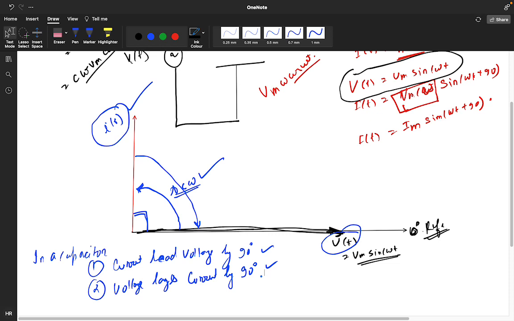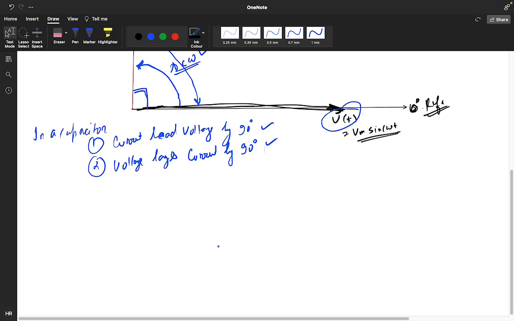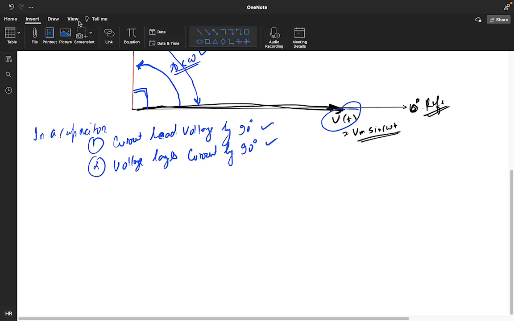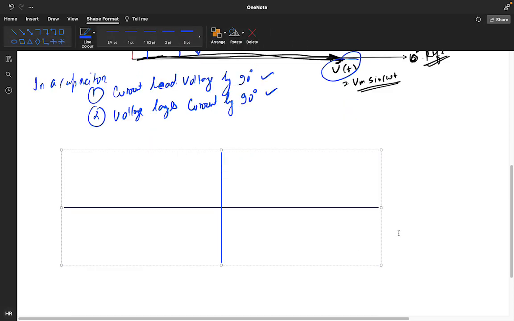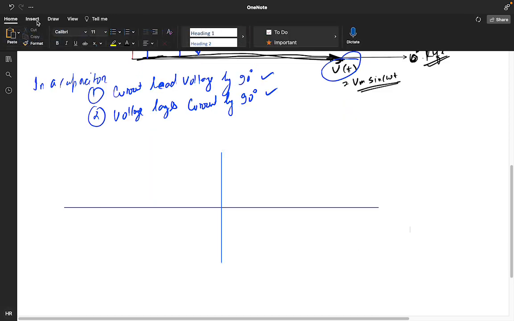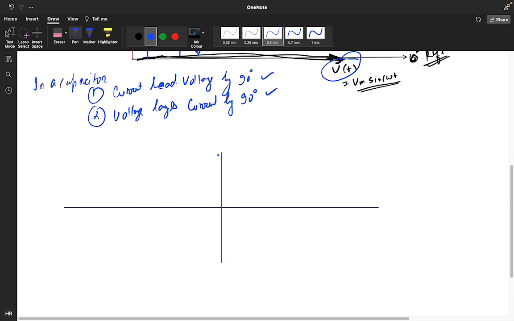If this is clear, now we have to do the same thing for power. Suppose we are drawing it: what was the equation of current?